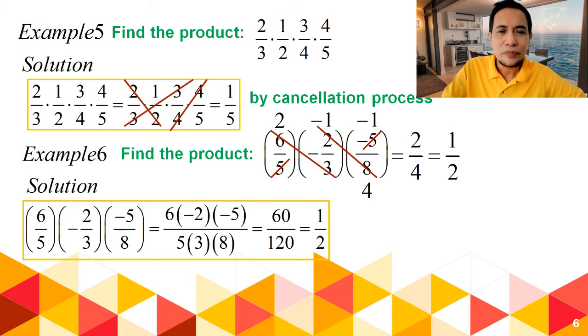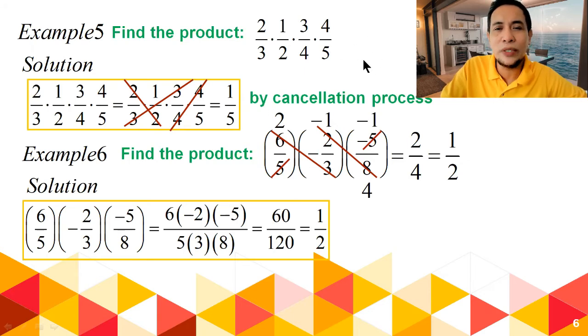Now, if you want to multiply all the numerators, the product should be 2 times 1, 2 times 3, 6 times 4, 24. The denominator, 3 times 2, 6 times 5, 30 times 4, 120. So the answer is 24 over 120.